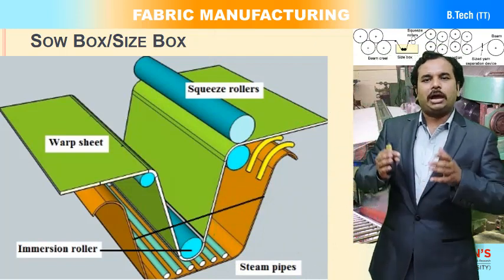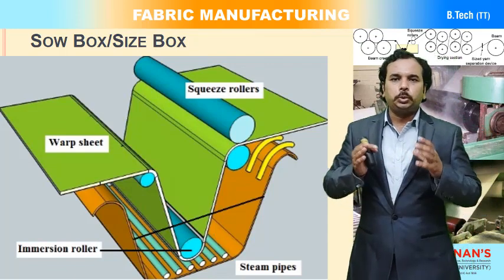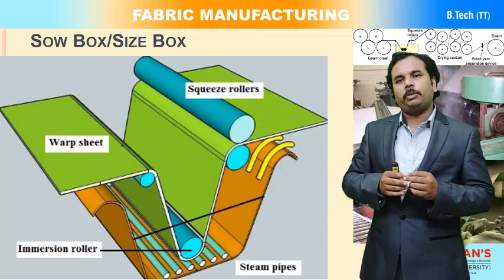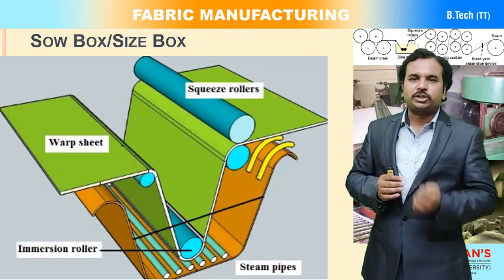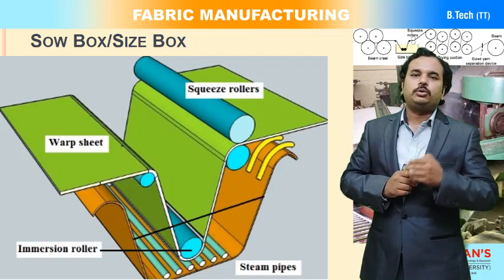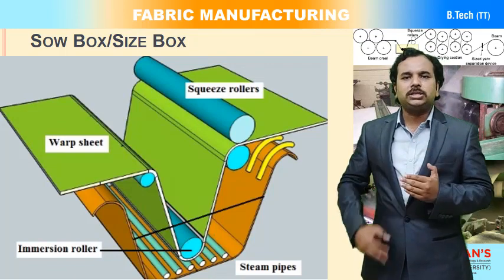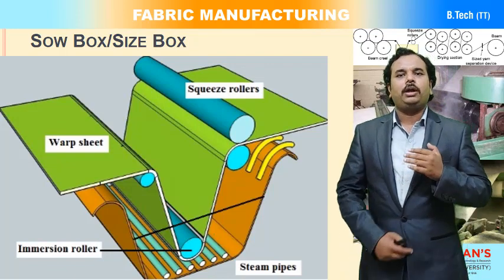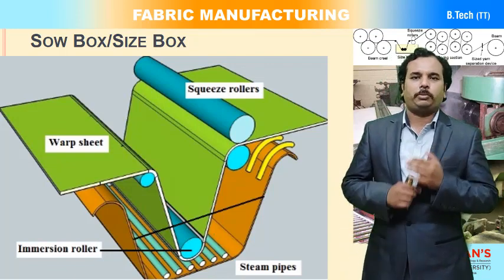In the size box we have squeezing rollers, and the warp sheet is passed through them. What is the main function of these squeezing rollers? To squeeze out the excess amount of size paste from the warp sheet.